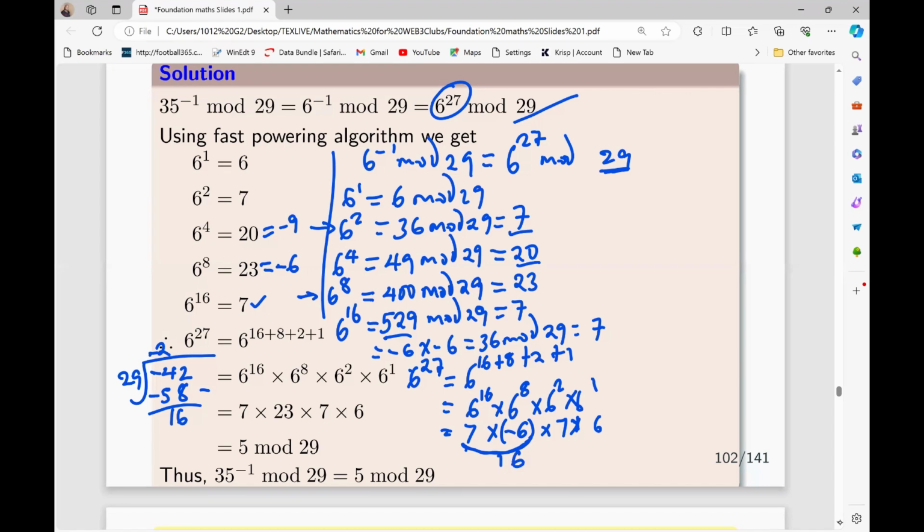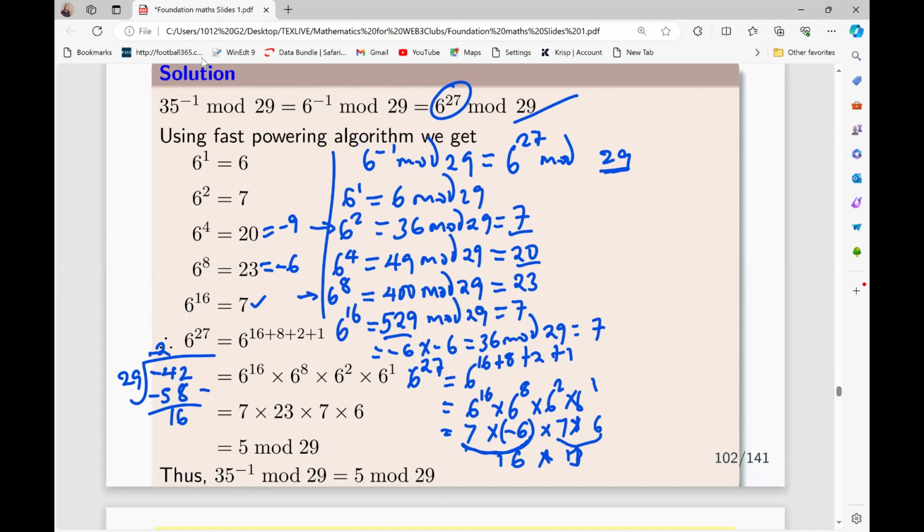What about these two? That will be 42 divided by 29, which goes there once, but the remainder is 13. So you have 16 times 13.